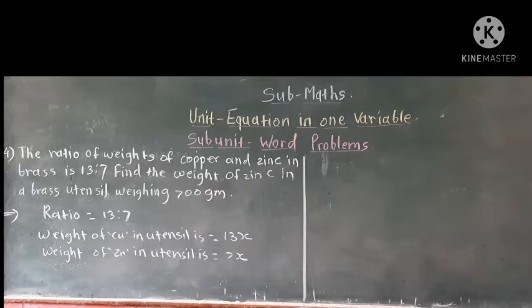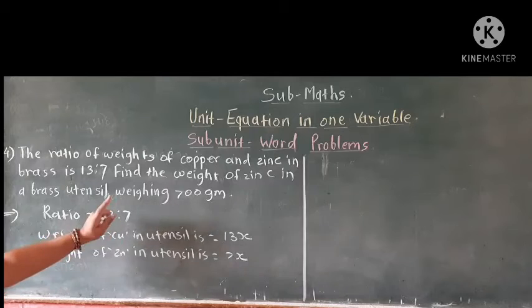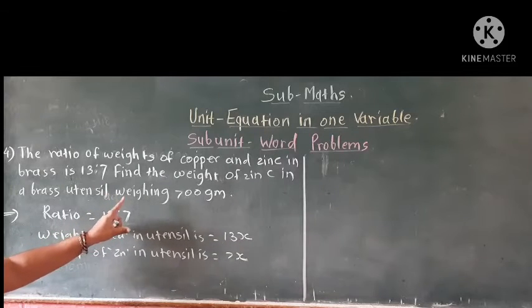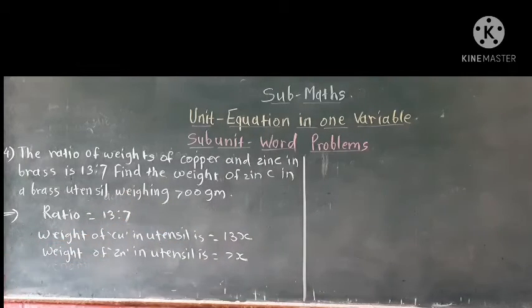Then according to the example, the total weight of the utensil is 700 gram.